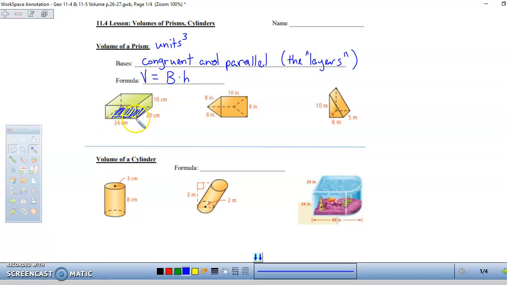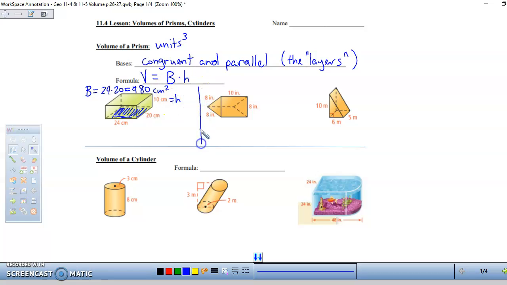Here you can see the base is 24 by 20. First thing you want to do is get the base area. So I simply do 24 times 20, and that is going to be 480 centimeters squared. With that as my base, 10 centimeters would be the height.